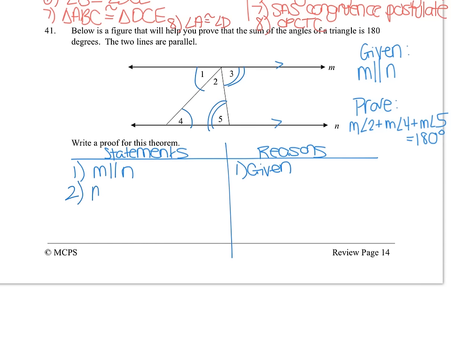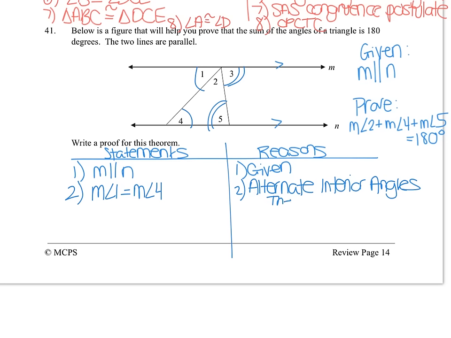So let's start with the measure of angle 1 equals the measure of angle 4, and this is due to alternate interior angles theorem. The same can be said about step 3, which is that the measure of angle 3 equals the measure of angle 5.